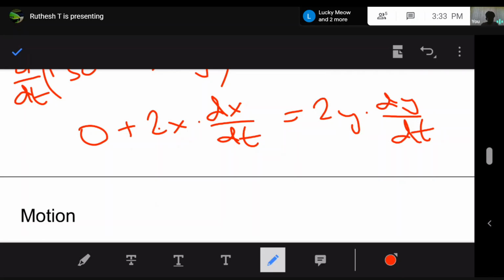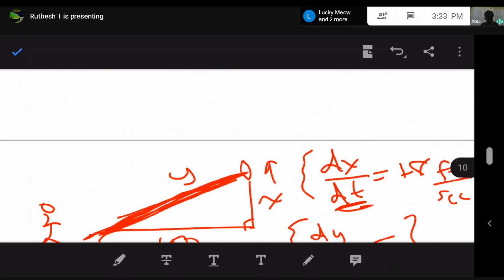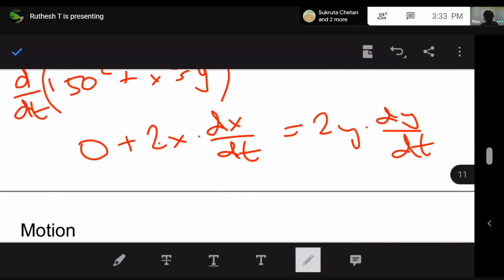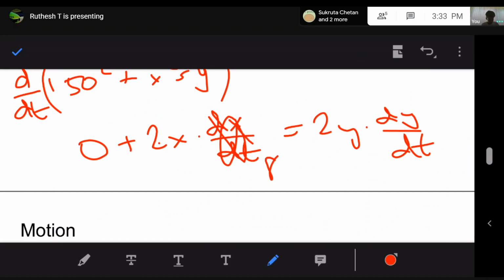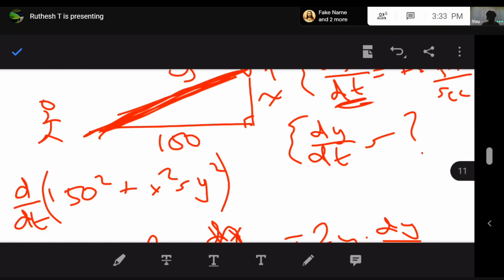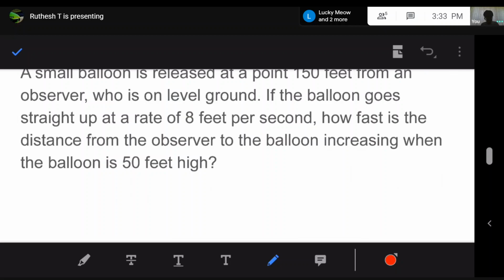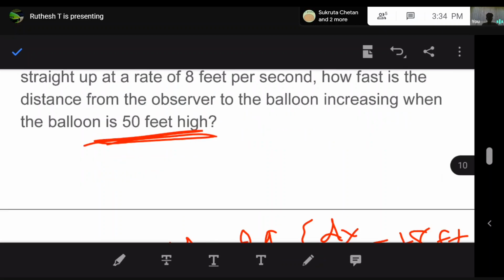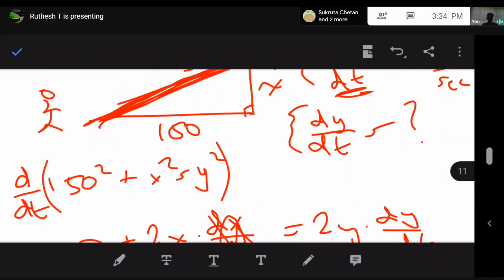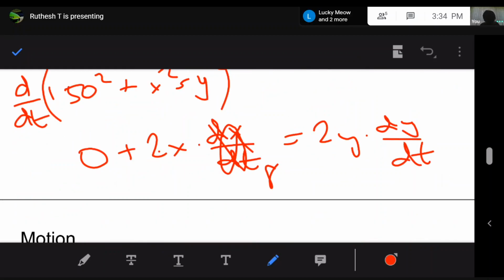Then we know that dx dt is 8, so this is 8. And we also know that they're asking when the balloon is 50 feet high. So we want to figure out dy dt when x equals 50, so then this is 50.